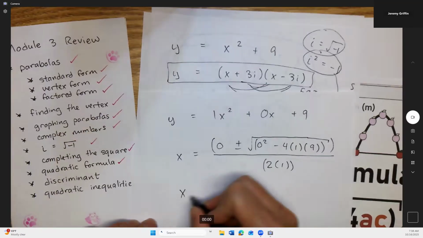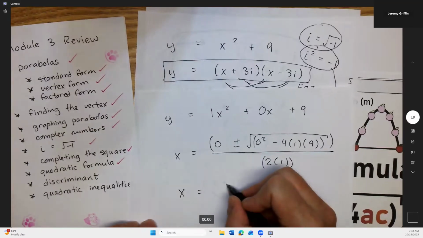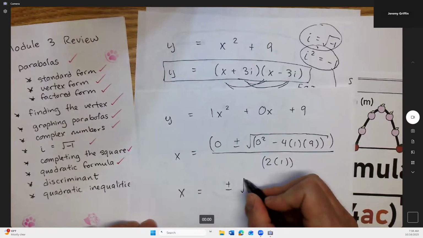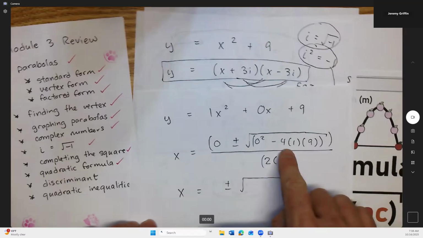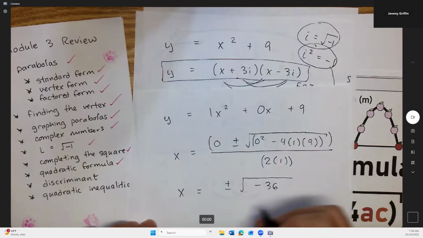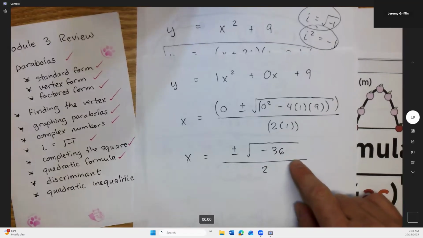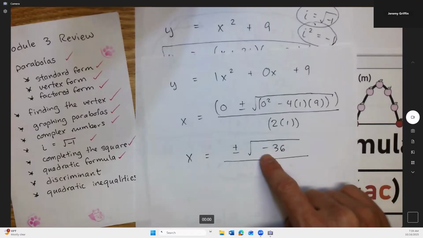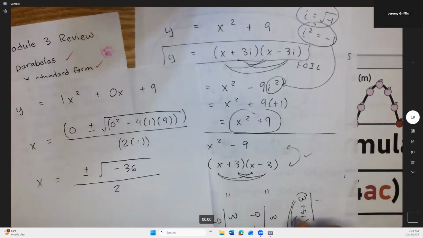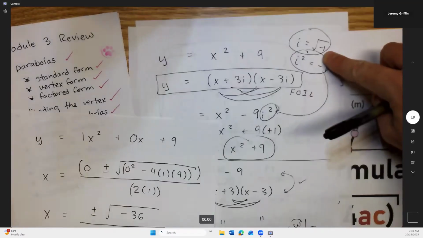Okay, so let's clean this up. 0 goes away. I get a plus or minus square root. Now this comes out to negative 36, and this is all divided by 2. Well, I know what the square root of 36 is. That's just 6. But what about this negative? Hey, that's what i is for. i is the square root of negative 1.